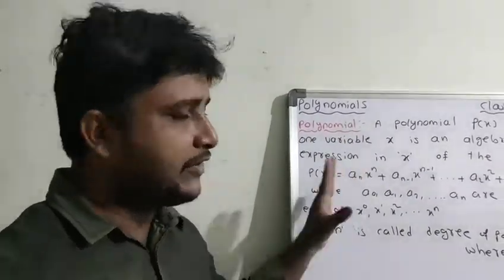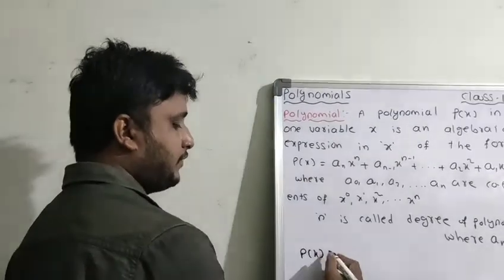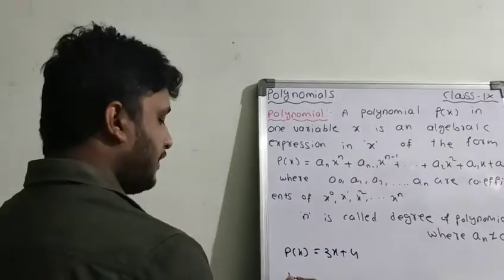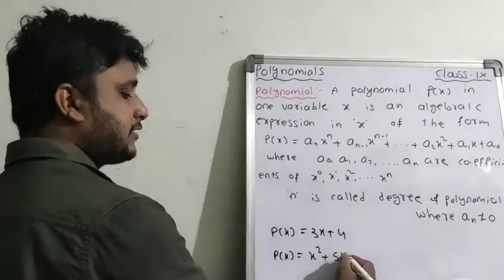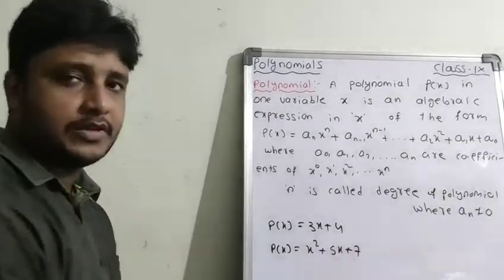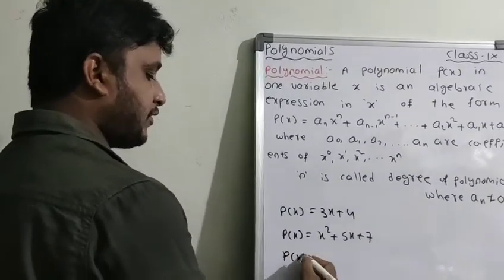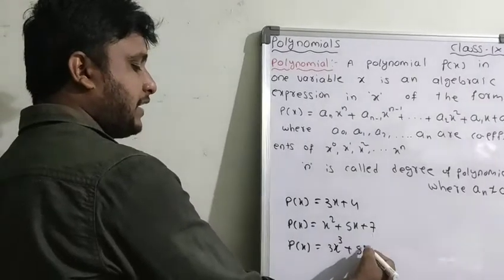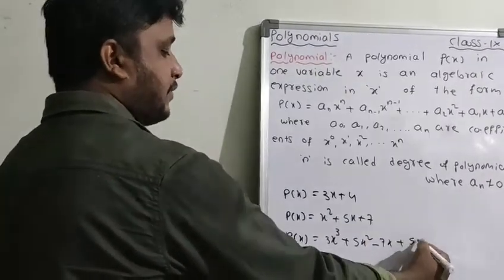So I will simplify with one example. Say for example, p of x is equal to 3x plus 4. It's a polynomial. P of x is equal to x square plus 5x plus 7. It is also a polynomial with one variable in terms of x. And p of x equal to 3x cube plus 5x square minus 7x plus 5 by 2.